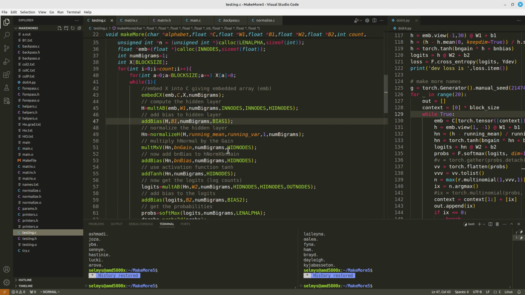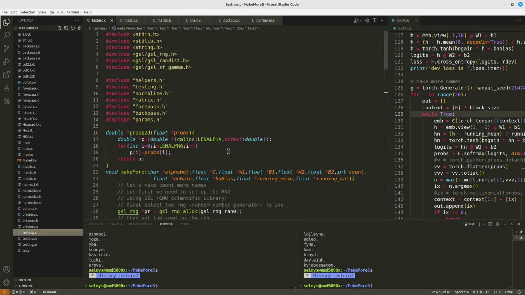And the testing function consists of, well, remember I had to write this little special function here to convert floats into doubles. So I create a double array here, and I just copy the floats into the double array. So I give it the array of floats here, and I return an array of doubles. And I needed that for generating new names.